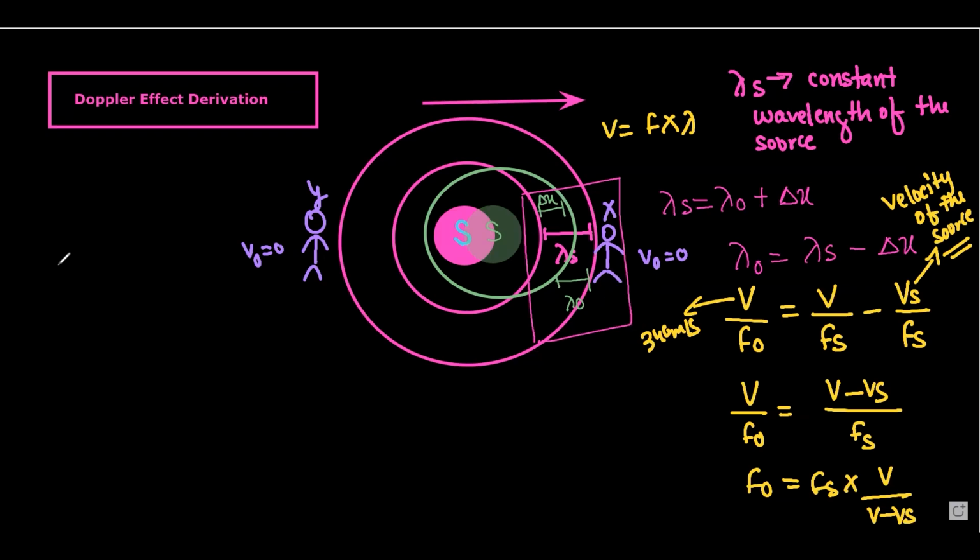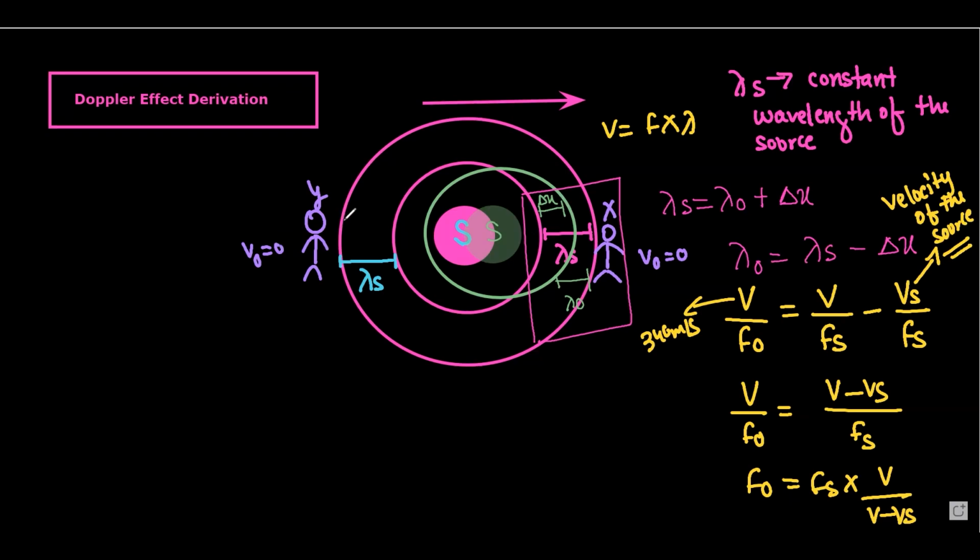All right, now let's look at another scenario for observer Y. This pink position and this pink position are two wavefronts. We know this is not going to change, and that is lambda s, the wavelength of the source itself. As I said earlier, lambda naught depends on the change in wavelength observed by an observer from the closest position.